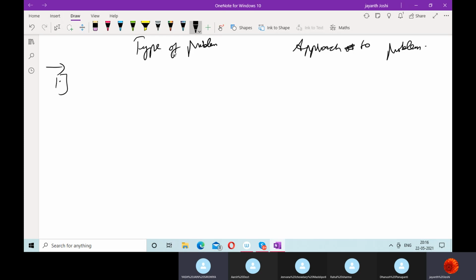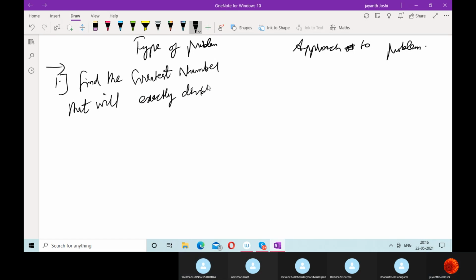So now this type of problem will be given to you, and this type of approach you need to apply for it. Please try to understand. They will give you a question in the exam like this: find the greatest number that will exactly divide x, y, z.